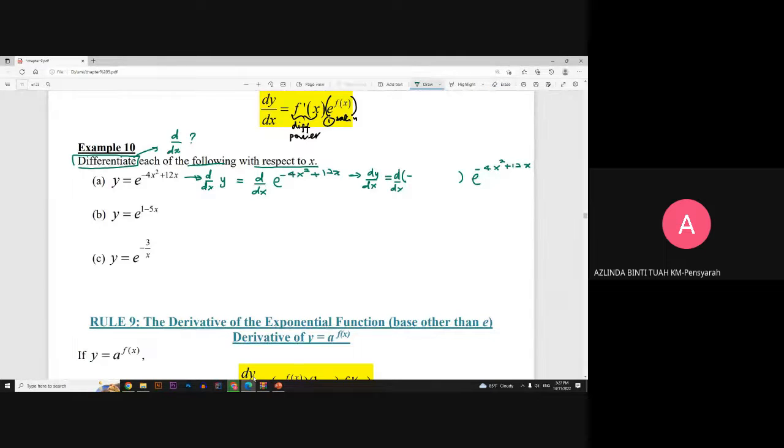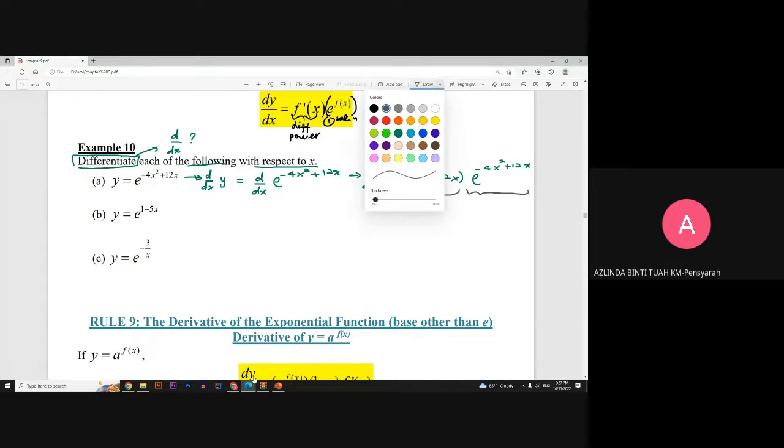The power is negative 4x squared plus 12x. Okay, we have two parts now. The first part is here. We have to differentiate the power, and we have done the second part, which is the original function.